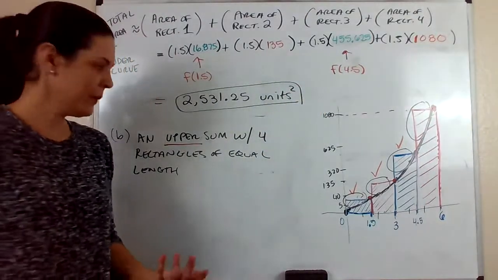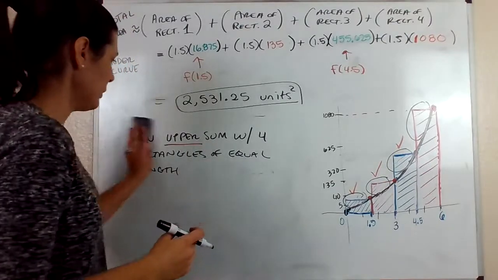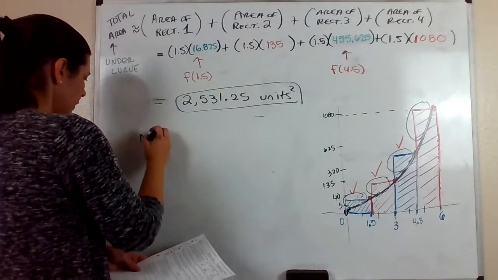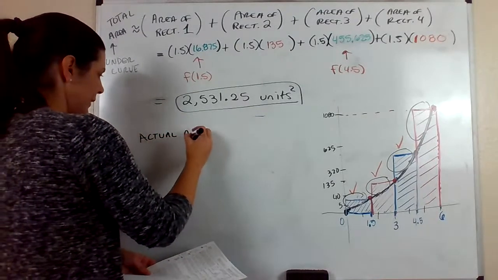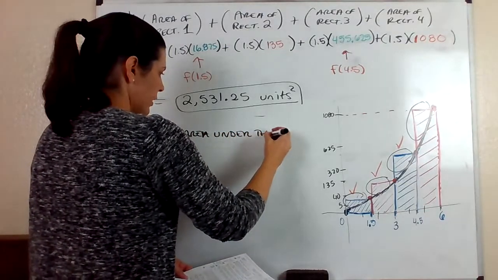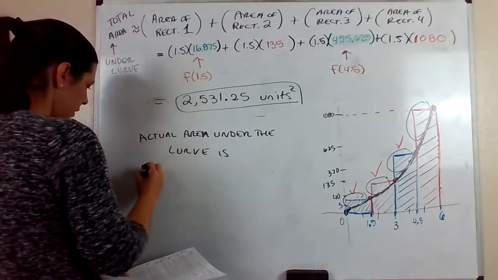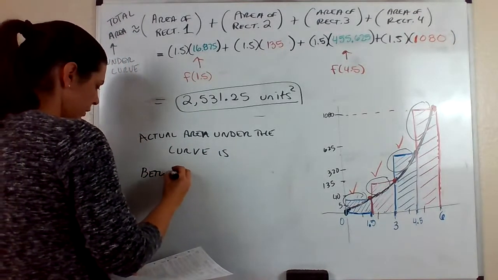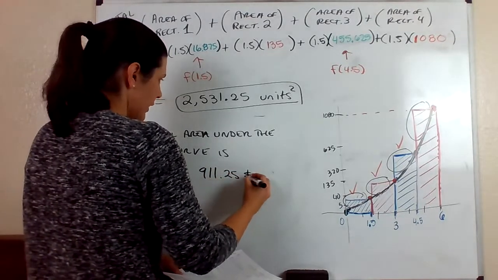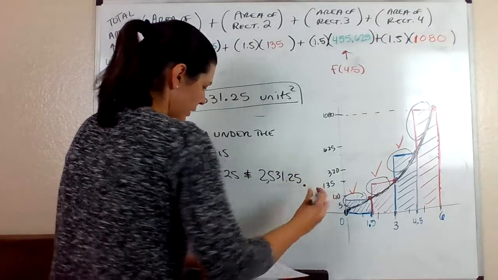So what we know is that the area under this curve is somewhere between those two numbers. So the actual area under the curve is between 911.25 and 2,531.25.